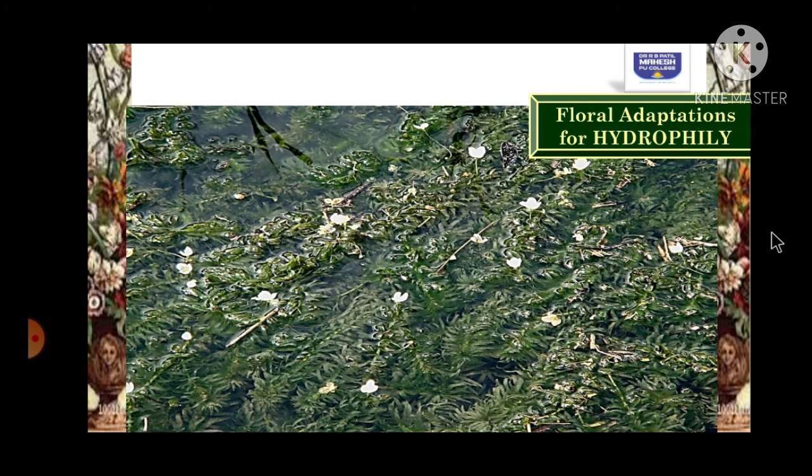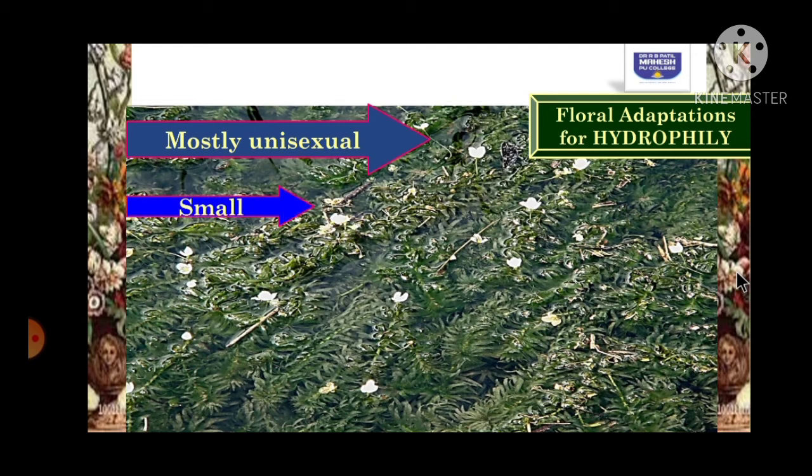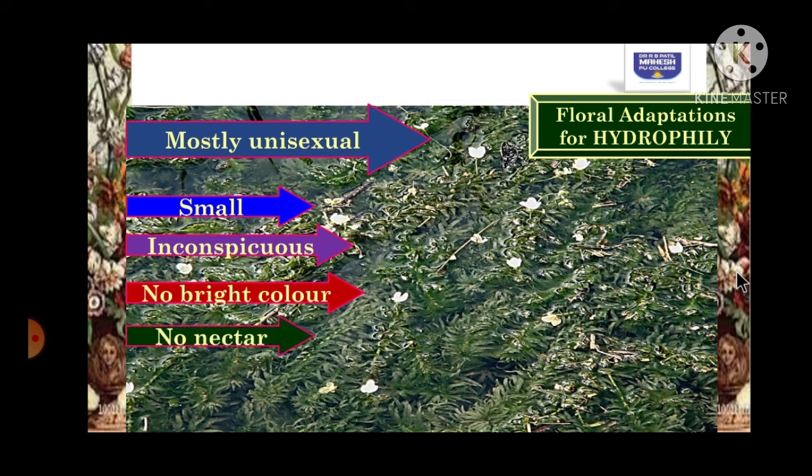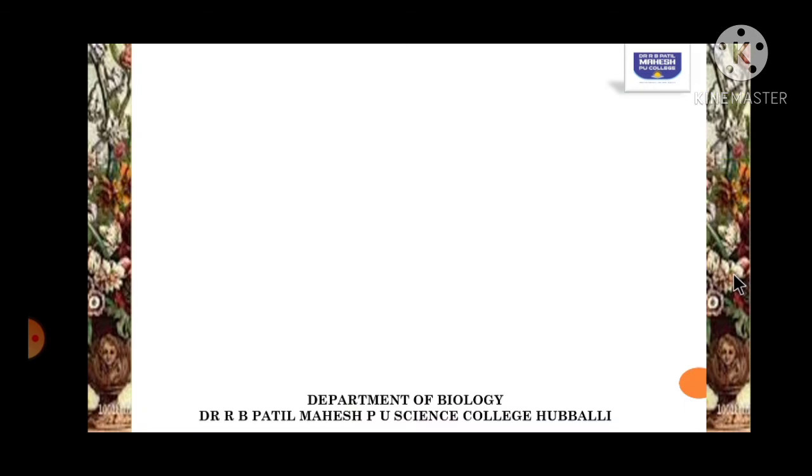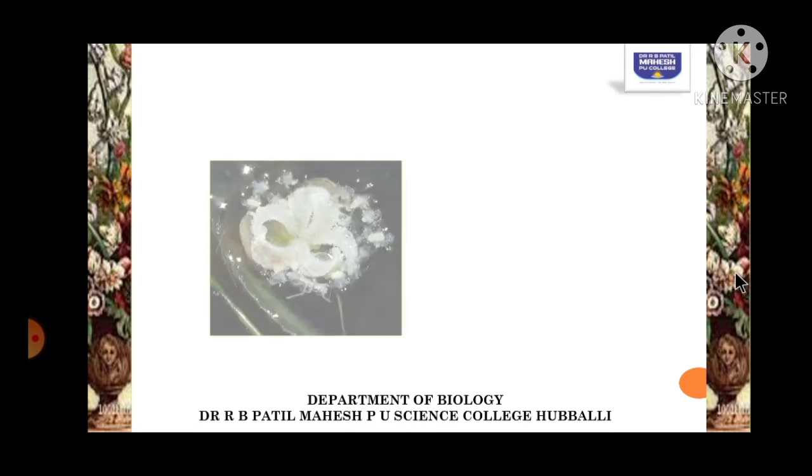So here is a plant which is showing different adaptations for hydrophily. The flowers which are getting pollinated through the agency of water will be unisexual. They will be smaller in size, not beautiful, and not brightly colored, as they are not going to attract insects. They do not produce nectar and also do not produce any odor.